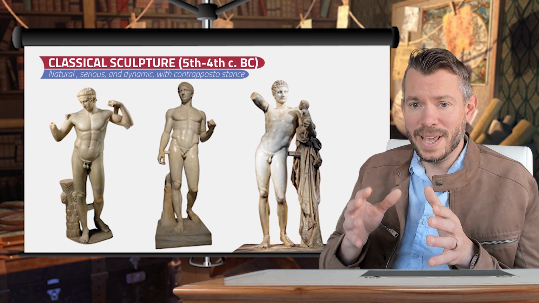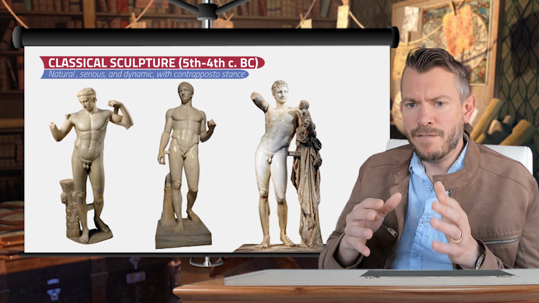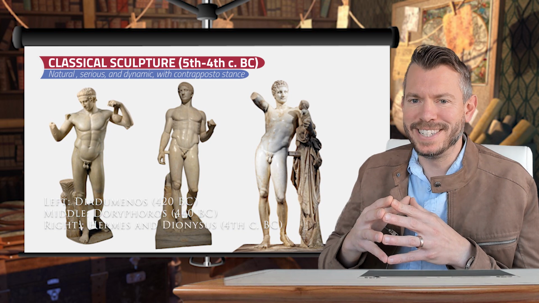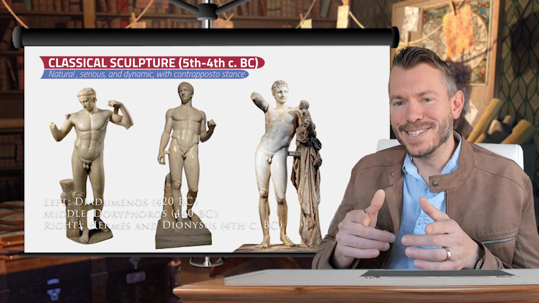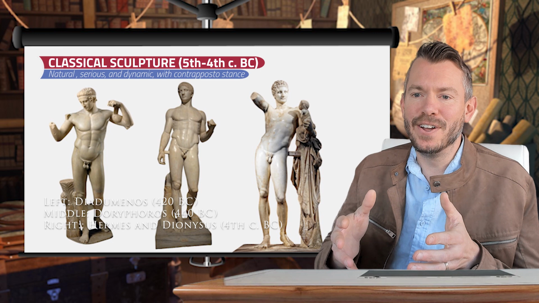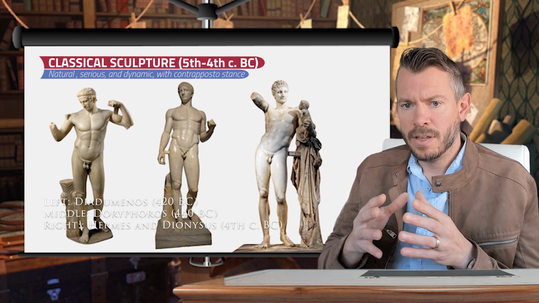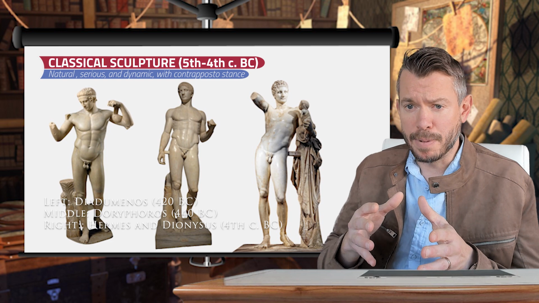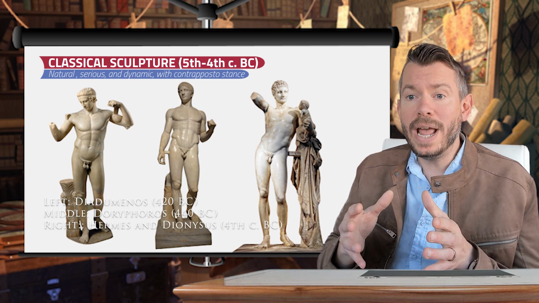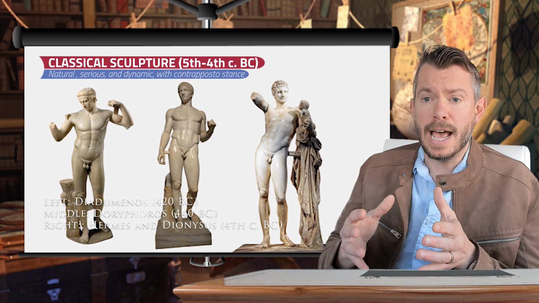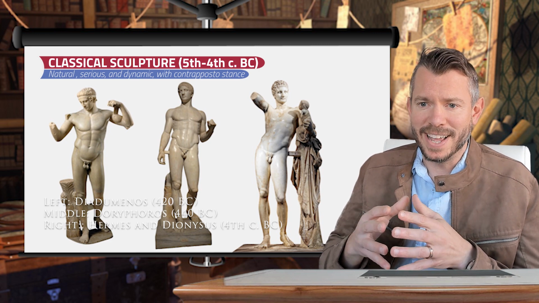Alright, so now we hit the classical period, the 5th and 4th century BC, and this is when statues got a little bit sassy. By the classical period, Greek sculptors finally figured out how to make statues look a little bit more natural and dynamic. The biggest giveaway here? Contrapposto. This is where the weight shifts onto one leg, making the statue look like it's about to step or strike a pose on the runway.